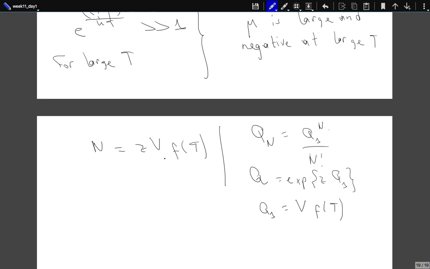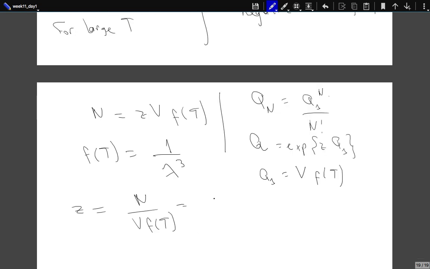We can obtain the total number as zV times f of T. For the ideal gas, f of T is just, for a single particle, 1 over lambda cubed. So z is N over V times lambda cubed.